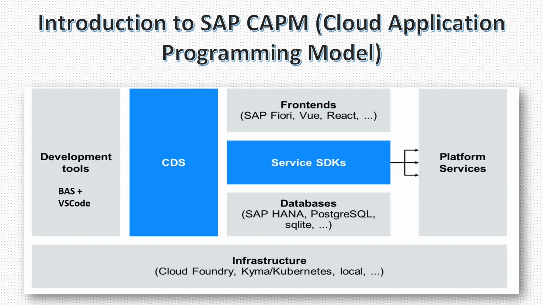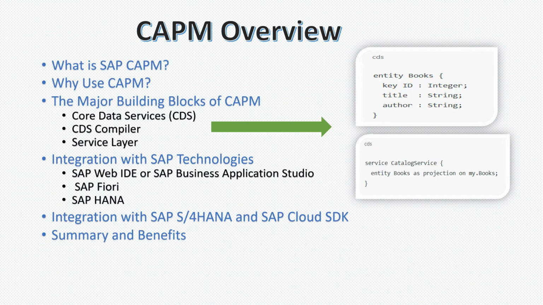Okay. Coming to the next part is the integration with SAP S4 HANA and SAP Cloud SDK. So another great thing about CAPM is its ability to extend SAP S4 HANA. You can build custom extensions like new business logic or additional services without modifying the SAP S4 HANA code.